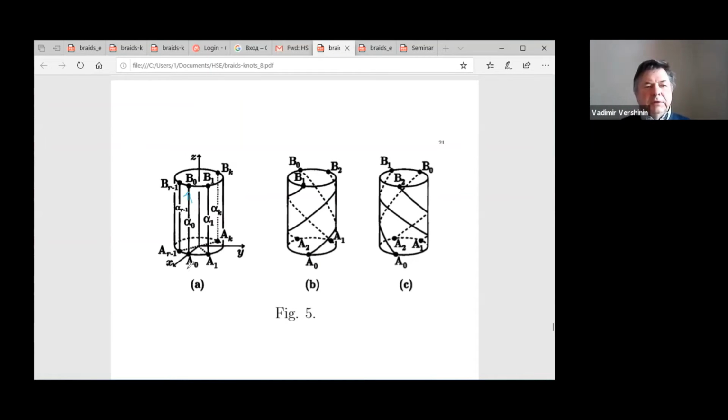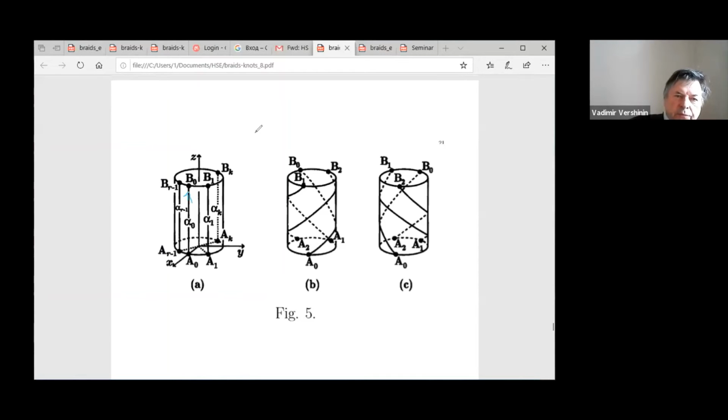And if you make this orientation of your intervals, you'll get an oriented link in the torus link.